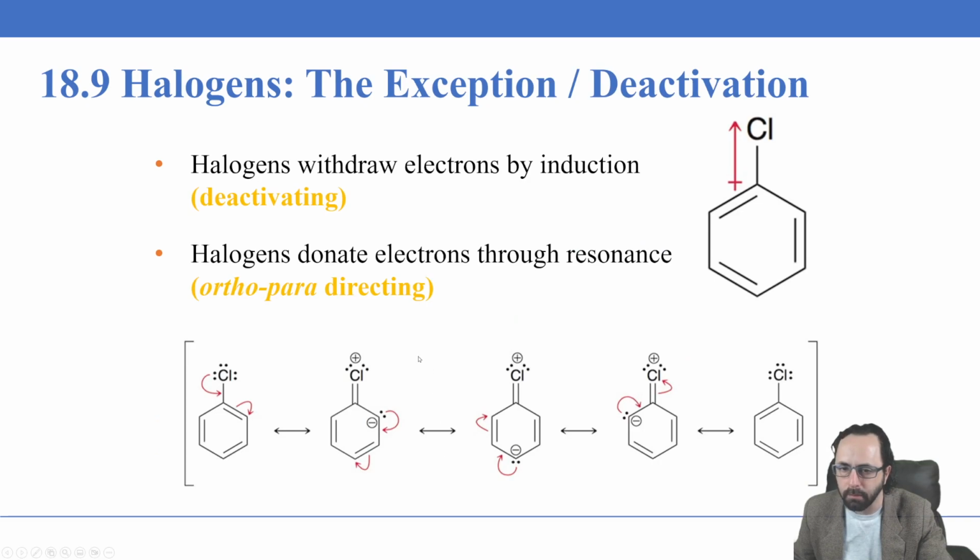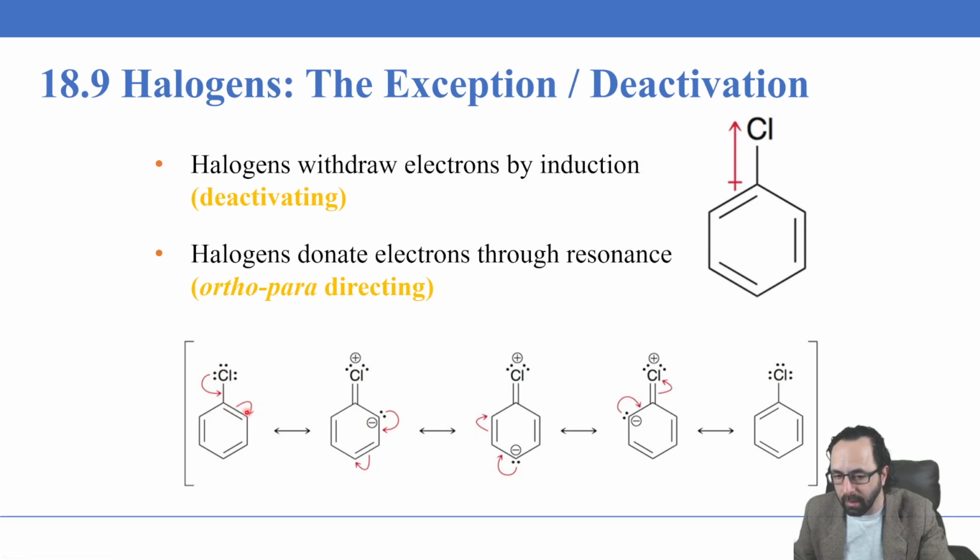So first of all, we have two competing effects here in this case, unlike the nitro group, where the effects were not competing. It was deactivating, and it was also withdrawing electron density through resonance. Here it's deactivating by induction, but it's actually donating electron density through resonance. So here we have an allylic lone pair, and so we can have the formation of this pi bond.